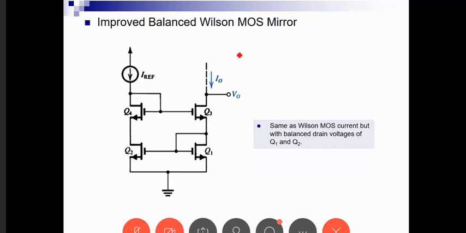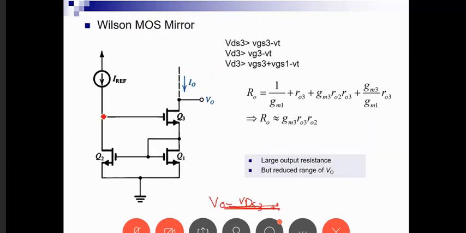Now, there was an improved balanced current mirror. Let us examine this a little bit quickly. Typically, if I have channel length modulation, to get the same current we need the same VDS for both.